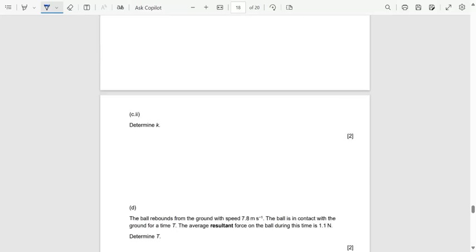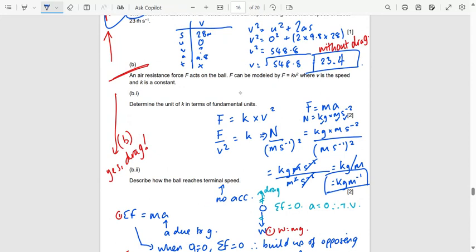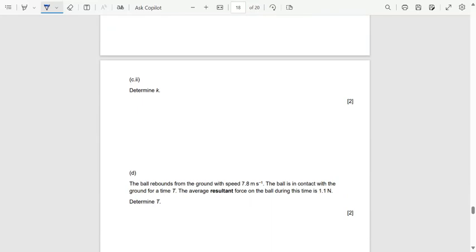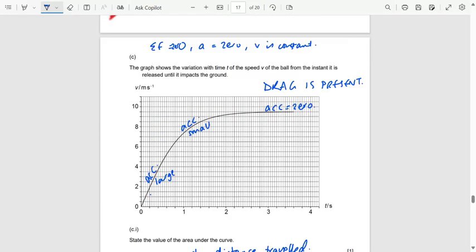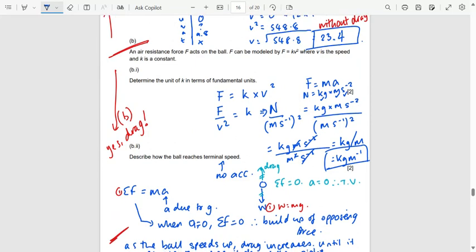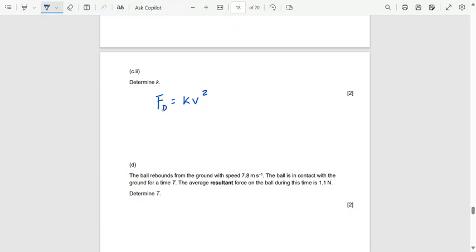Determine k. Now if I go back to this formula, I'm going to have to go back up the page. F equals kv squared. I'm going to note that down. I know that F is air resistance. So air resistance is the drag force.